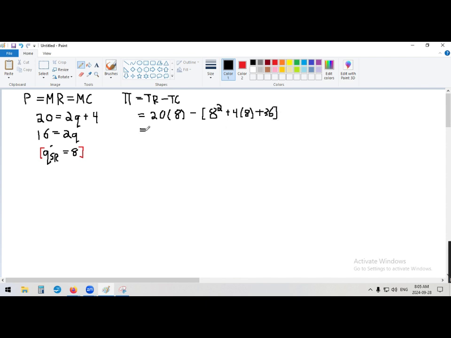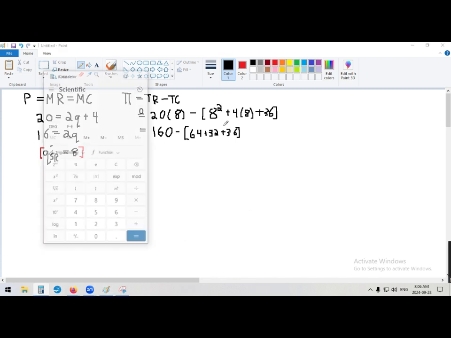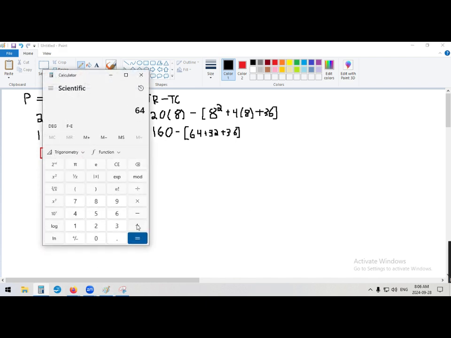So let's see, what do we have here? 20 times 8 is 160, minus, in the brackets here, we have 64, plus 32, plus 36. So let's see, what's that going to be in the bracket here? 64 plus 32, so it'll be 132.